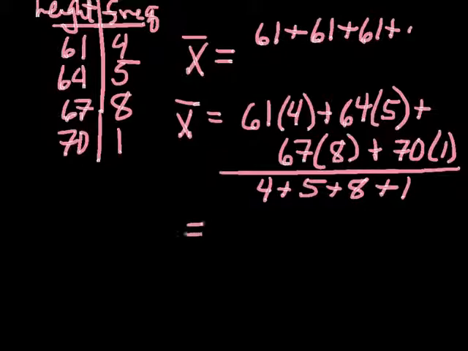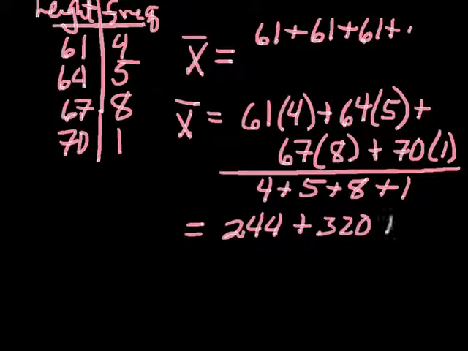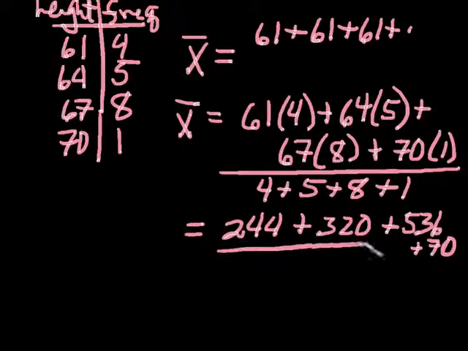And when we calculate that out, this is 244 plus 320 plus 536 plus 70, all divided by 18.